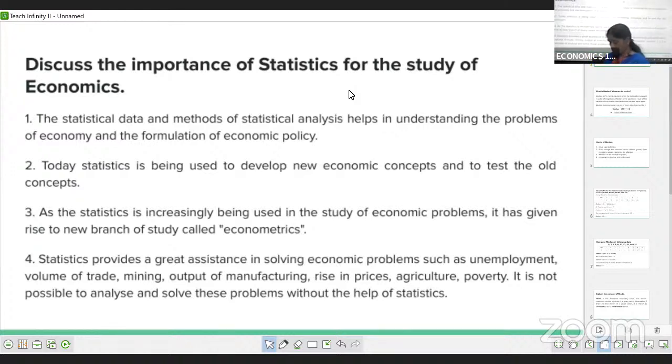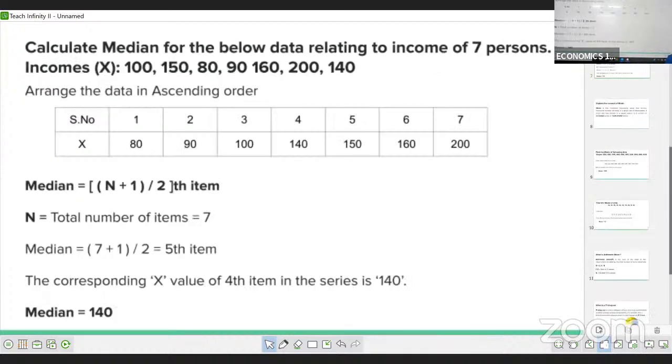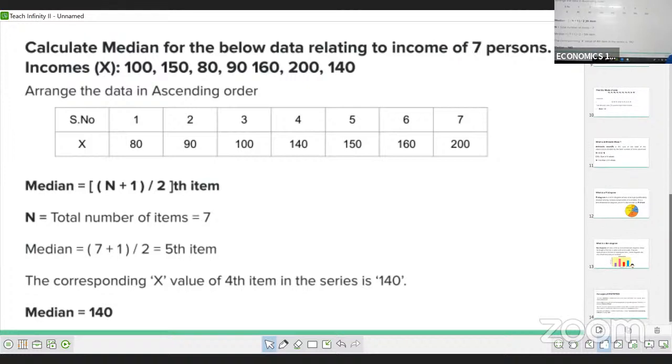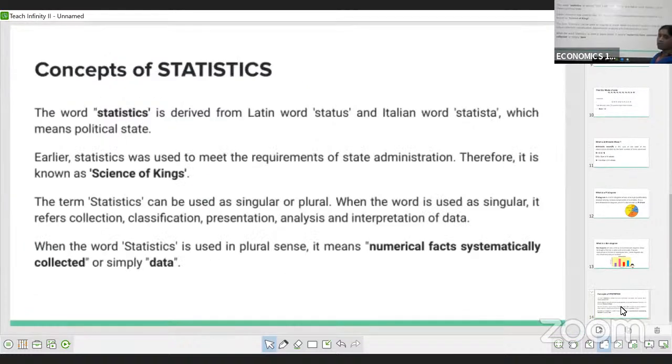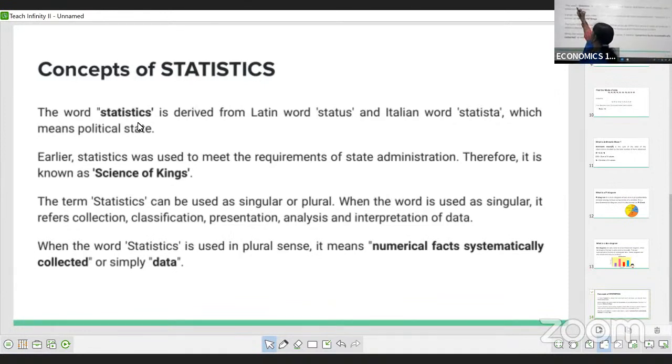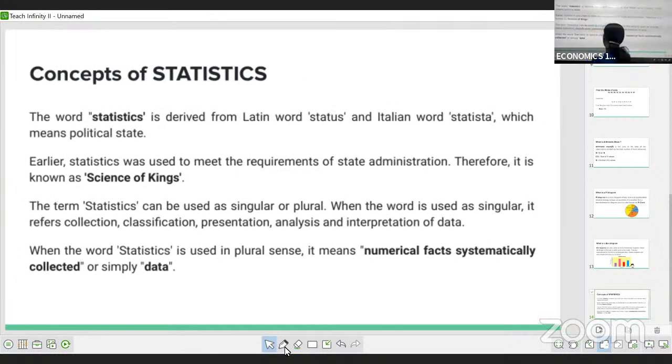Before we start with this, first we have to understand what statistics is. What is statistics? You can see the word statistics here.